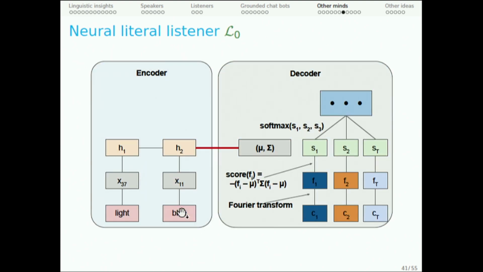The neural literal listener is the one that I showed you before. It consumes language and, together with a context, makes a guess about what the referent was in that context. Those are the literal agents, the ones that we would have hand specified in the previous model. Now we just have these black box neural models doing this work for us.